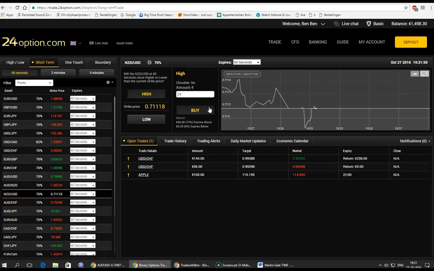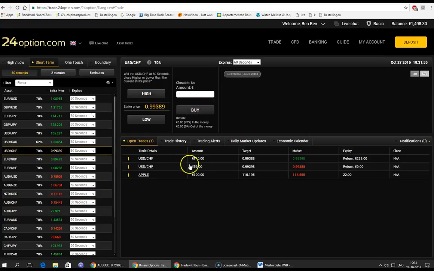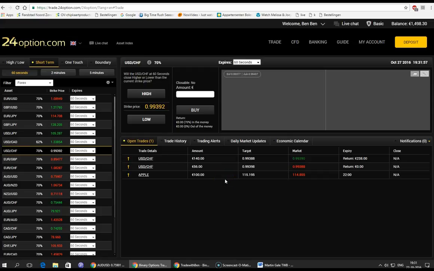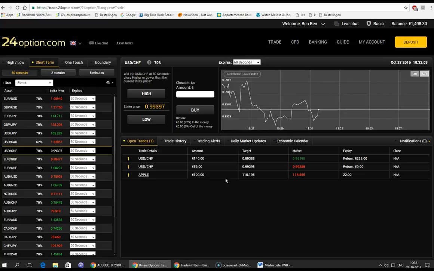US dollar, Swiss franc is back at it again with the low dip, but not good enough. Not good enough. Damn, Daniel. Back at it again with a nice dip. So the US dollar Swiss franc is going up as crazy, down as crazy. So we're just going to prepare that trade for if it's going to break its support level.